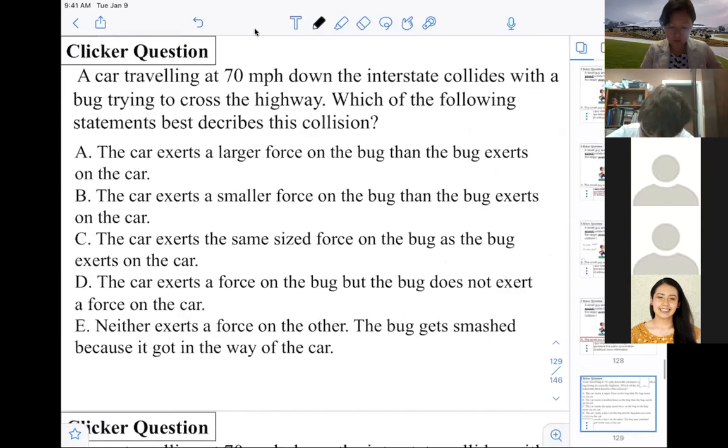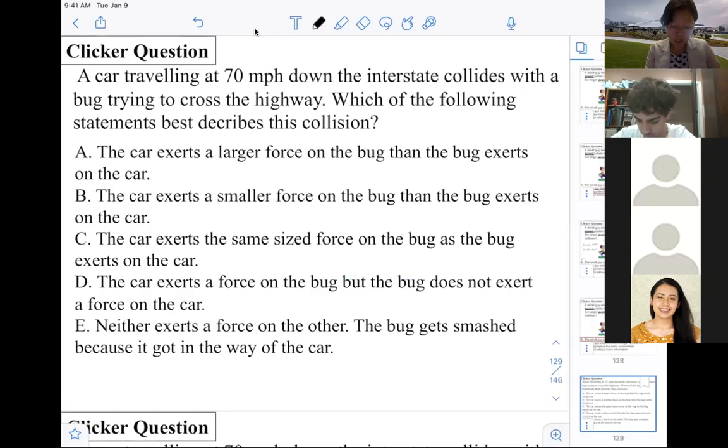This next question I'm not going to do because it's probably something you have already seen: carrying this intuition to an extreme. Now we're talking about the car and the bug. In real life the bug will be totally smashed, whereas it doesn't make any difference for the car. When we ask about the force between the car and the bug, there's still no doubt because of Newton's third law.